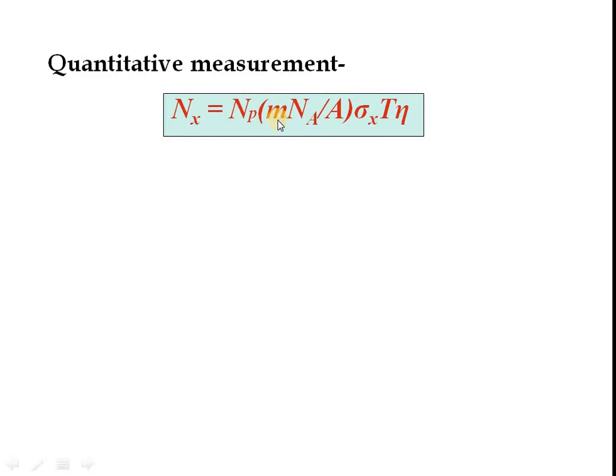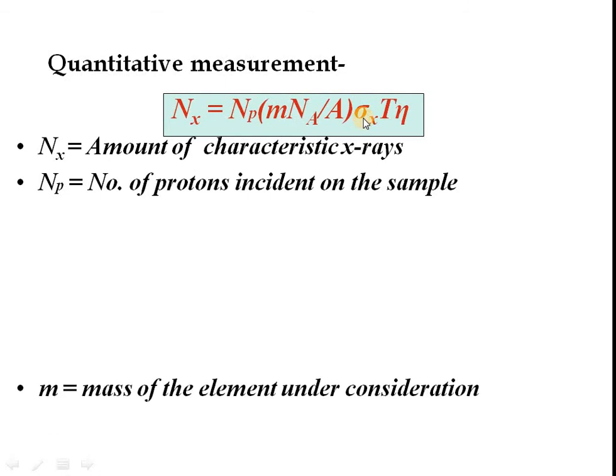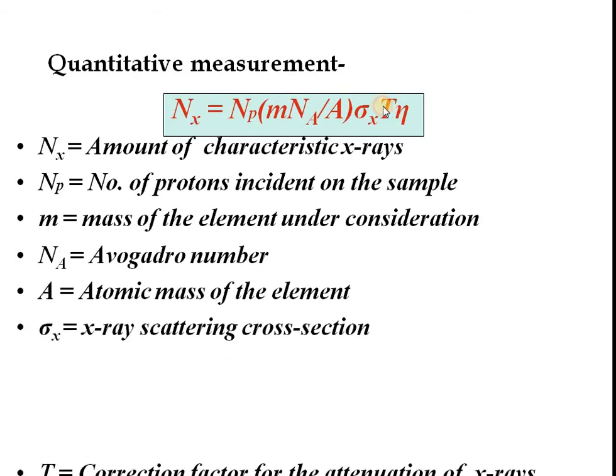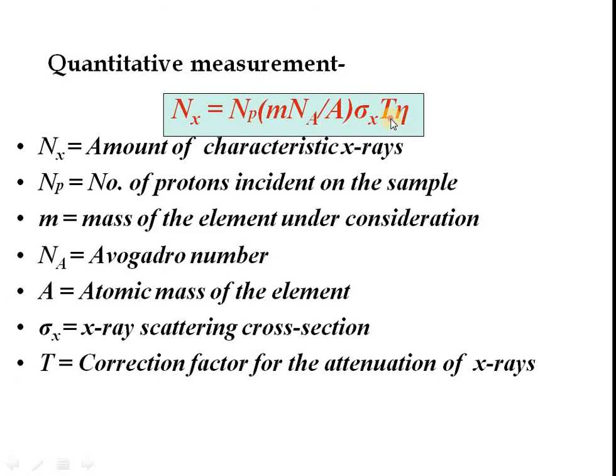In coal there may be various other elements like sulfur, magnesium, boron, germanium, like that. Not the carbon, because carbon is the matrix element. Na is nothing but the Avogadro number, and A is the area of the sample, and sigma x is actually called the X-ray scattering cross section, and T is some correction factor of the experimental setup, or attenuation factor, like that you can call it.